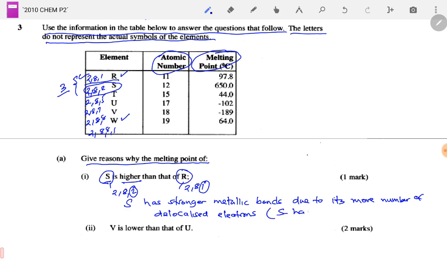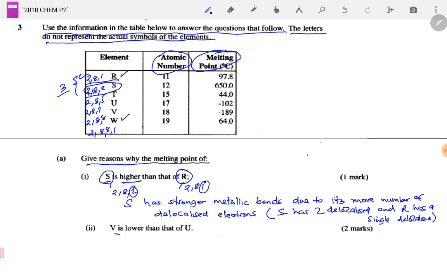S has 2 delocalized electrons and R has a single delocalized electron. It is these delocalized electrons that carry an electric charge. So if there are 2, definitely there will be more than that which has 1.